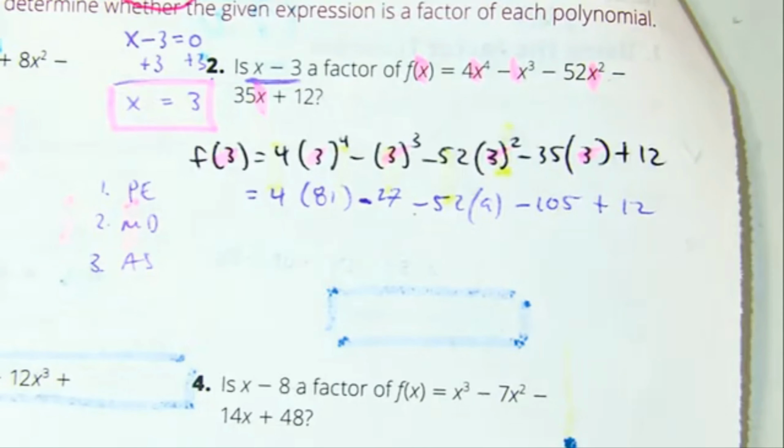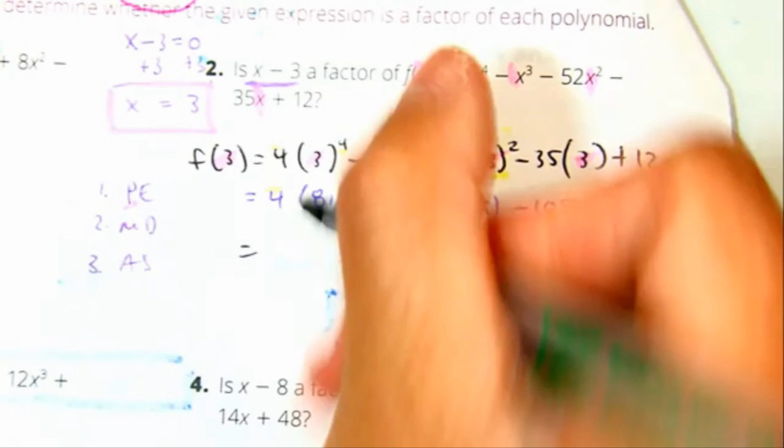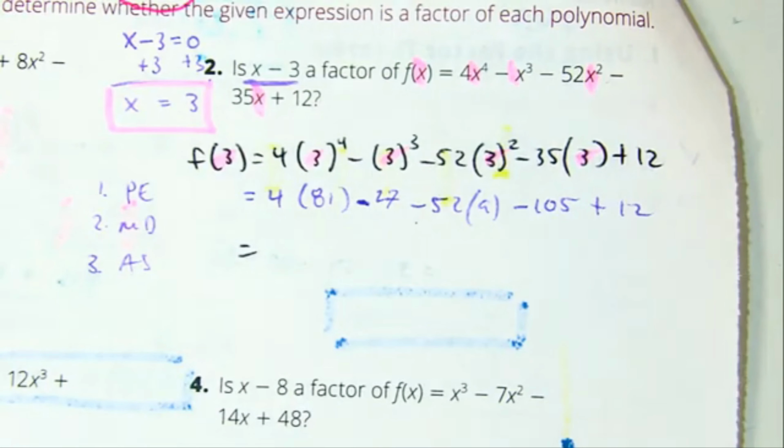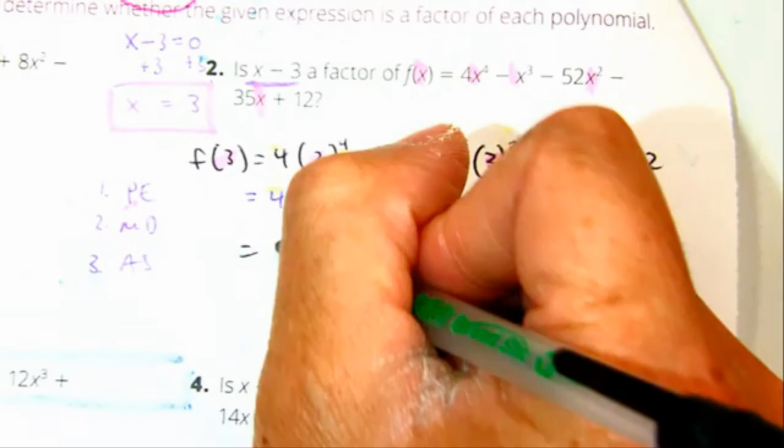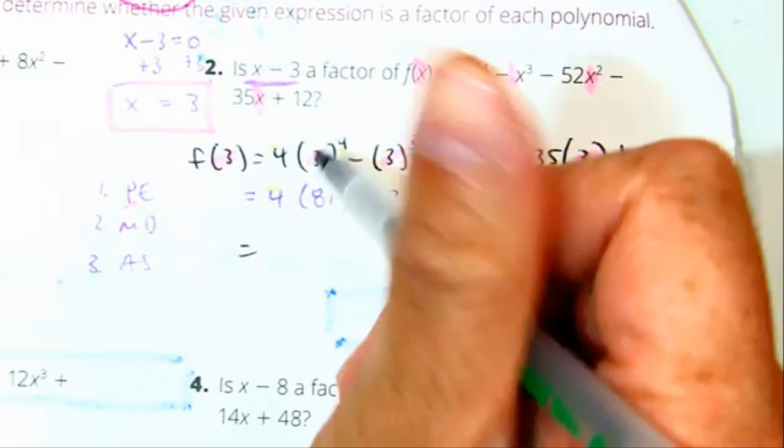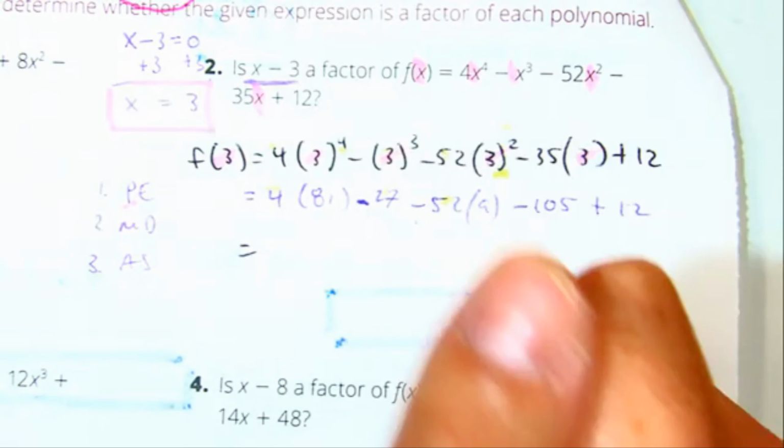Noel. I started it wrong. I didn't do the exponent first. Okay, multiply for us now.